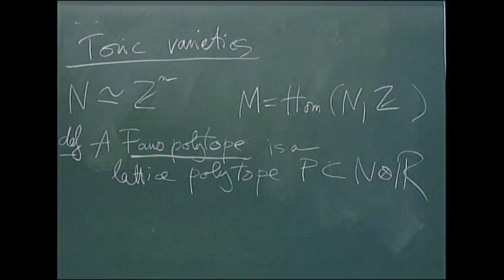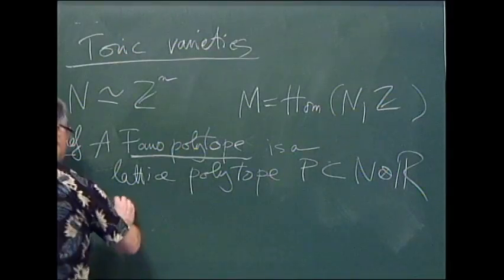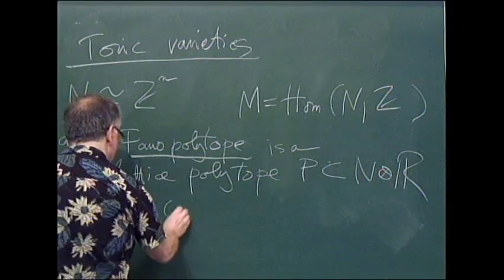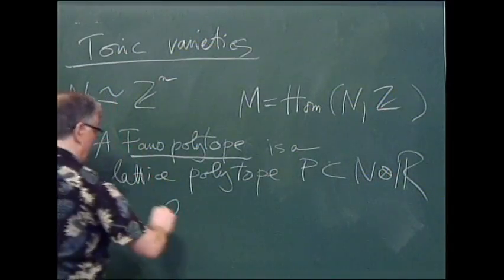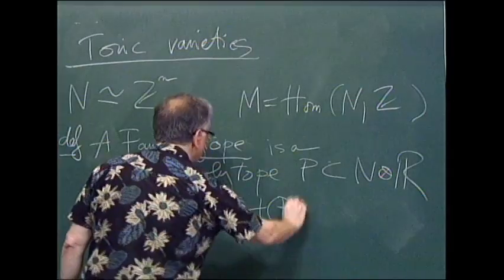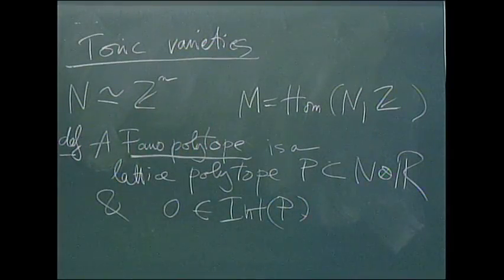To be a lattice polytope means that the vertices of P are lattice points. It's always convex for me. And I also ask that the origin 0 is strictly in the interior of P. So that's a lattice polytope.